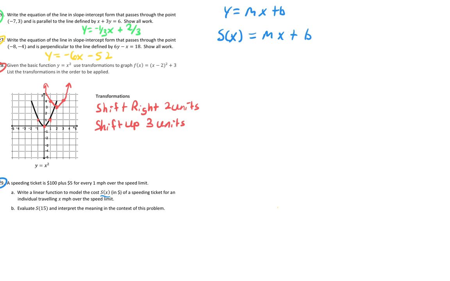So from the problem, if we just get a speeding ticket, period, it's going to be $100. And then for every mile per hour over the speed limit, we're going to pay an additional 5. So that means our slope is 5. So now we have S of x is equal to 5x plus 100.